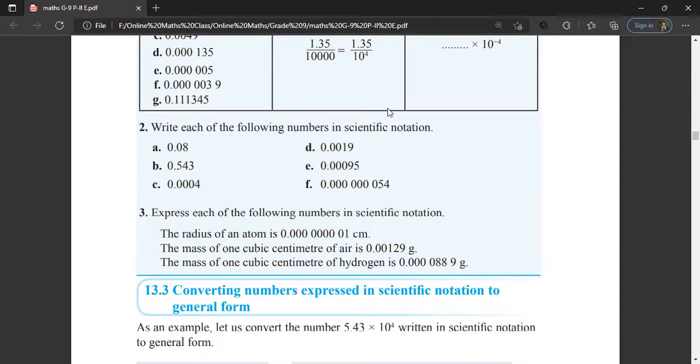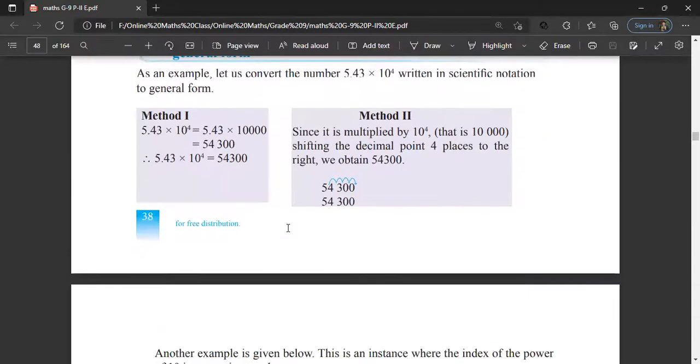The mass of 1 cubic centimeter of hydrogen is 0.0000889 grams. 8.9 into 10 to the power minus 5. Yes, that is the answer, right? Okay.